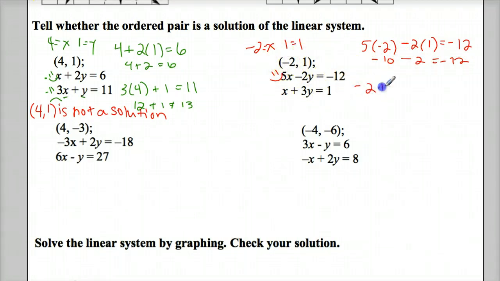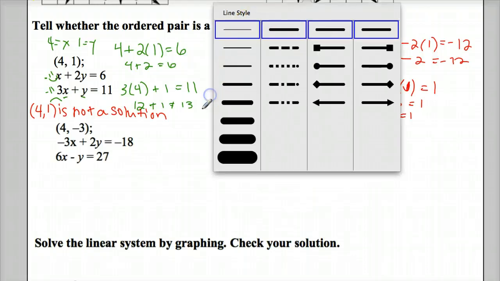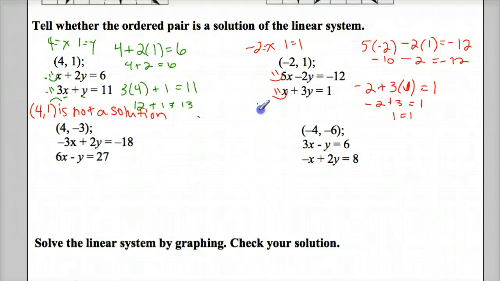Does negative 2 plus 3 times 1, I almost put y right there, equal 1? Negative 2 plus 3 times 1 would just be negative 2 plus 3, and yes, that does equal 1, because 1 equals 1. So this does work. Negative 2 comma 1 works for both of these linear equations. It's true for both of them. So, in a different color, let's go ahead and write negative 2 comma 1 is a solution.